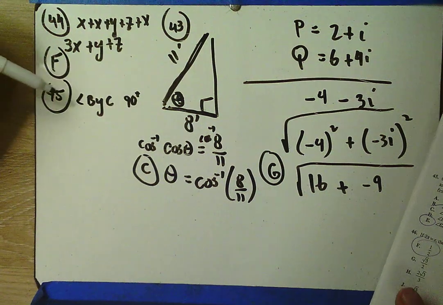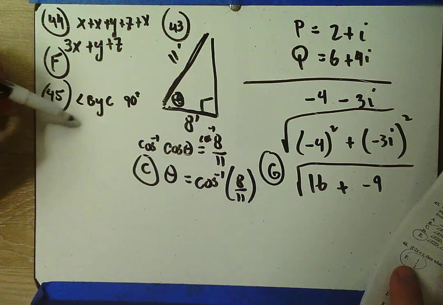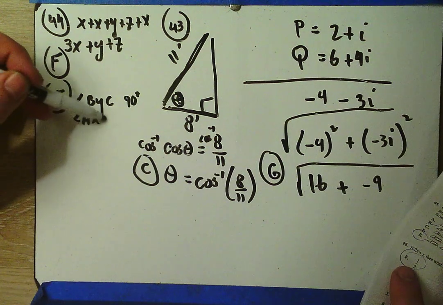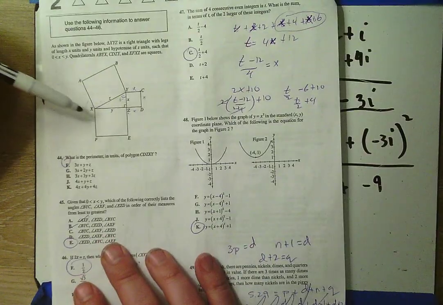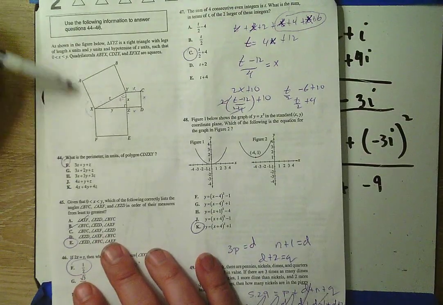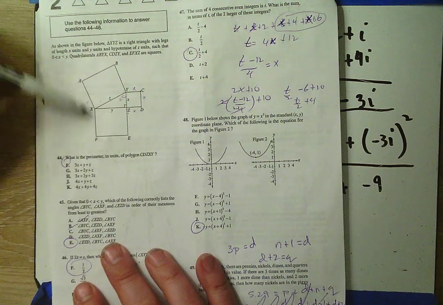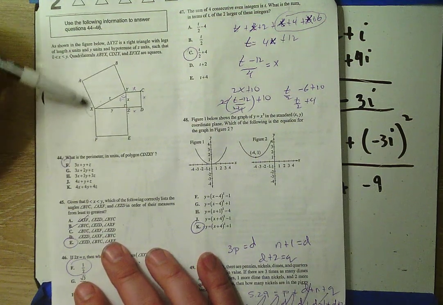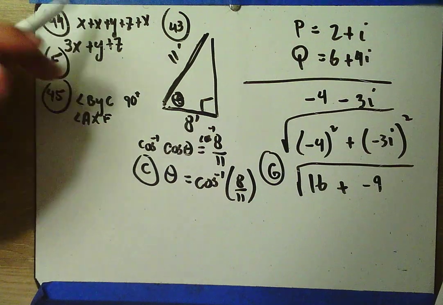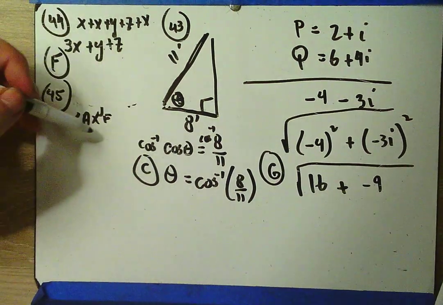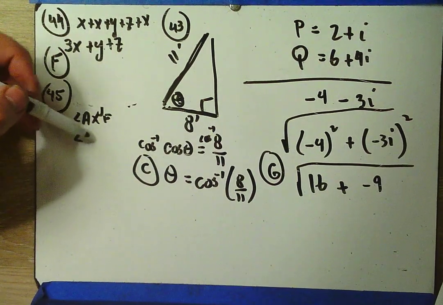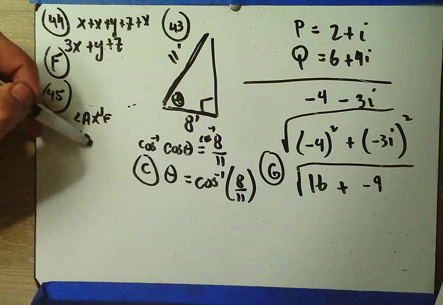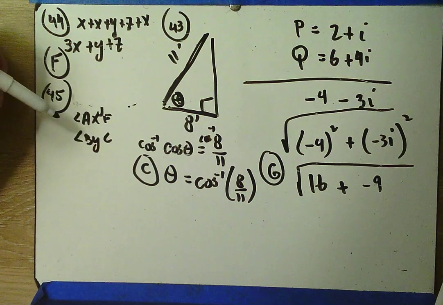And then we've got angle AXF. Wow, that's this big angle here. That's even bigger than the last one. So AXF is bigger than angle BYC.